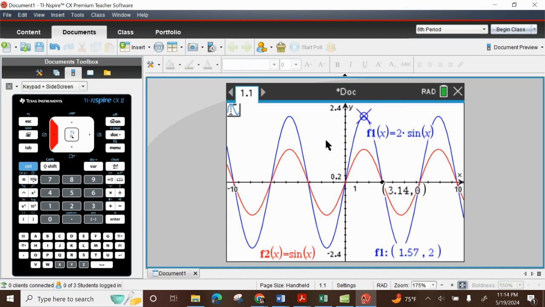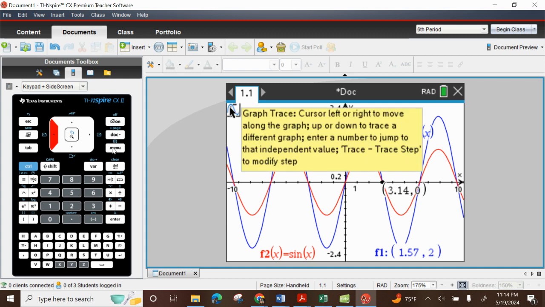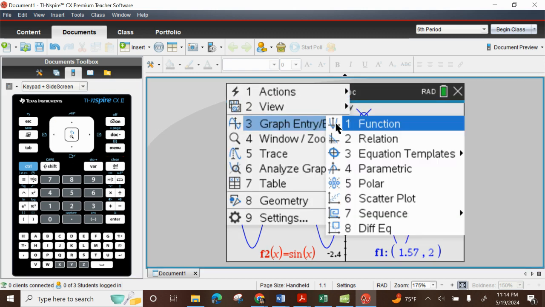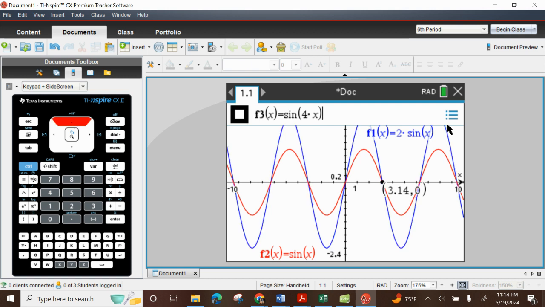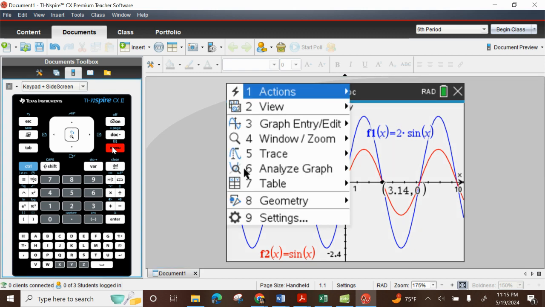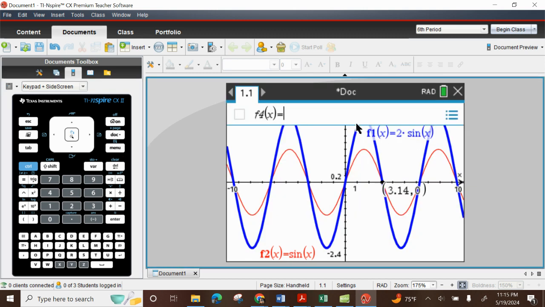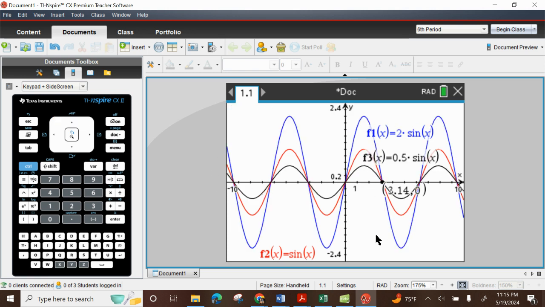It doubled. So if I wanted to do one more, I'm going to enter one more graph, and I'm not going to make this 4x. I'm going to change this to 0.5 sine x, and I'm going to graph it. I'm going to select it. I should have selected it. Now look what happens.